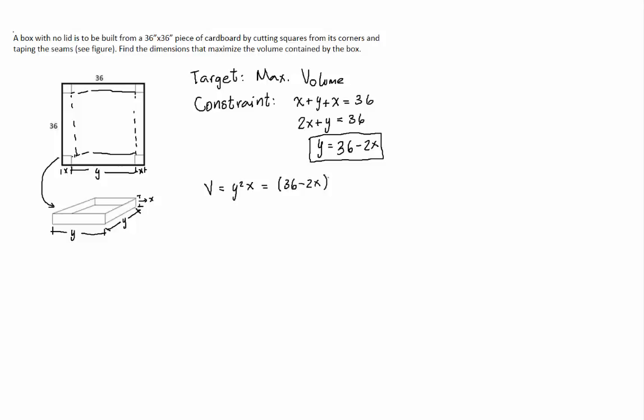I'm substituting in for y, and y appears squared, so I square that term, and then times x. So all I did was plug my constraint into my volume formula. So now I have a target function that is a function of a single variable.